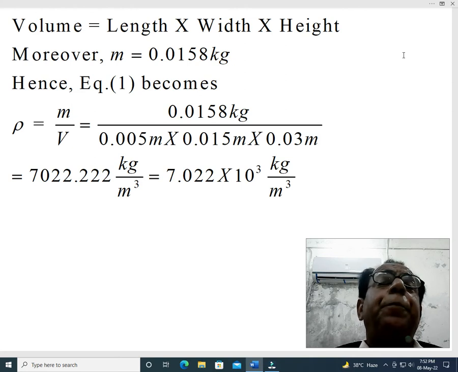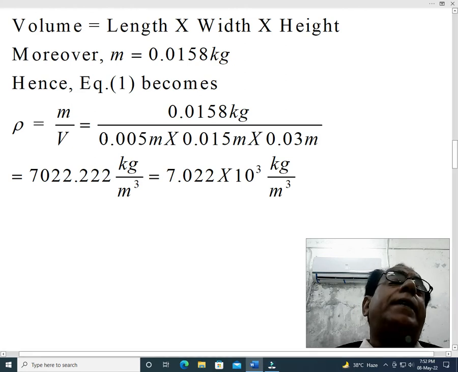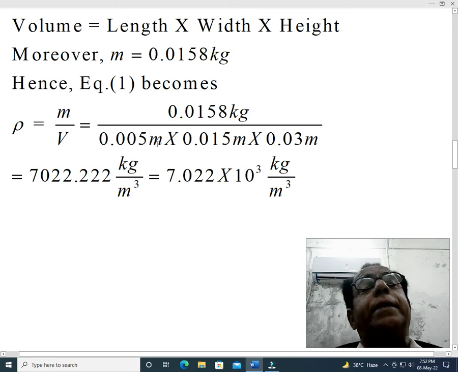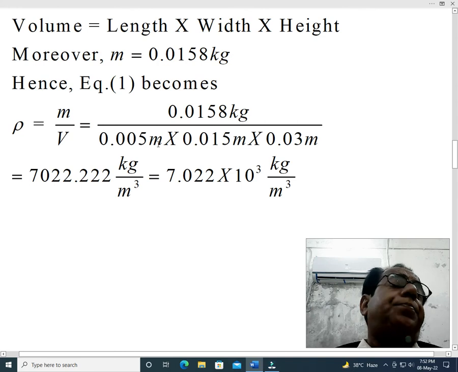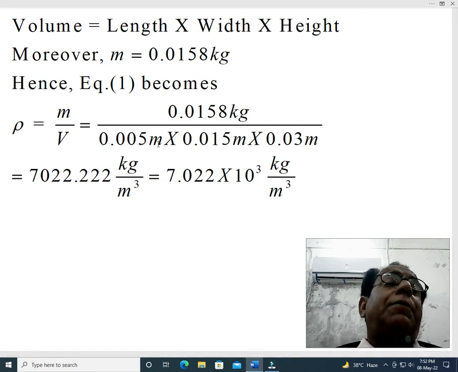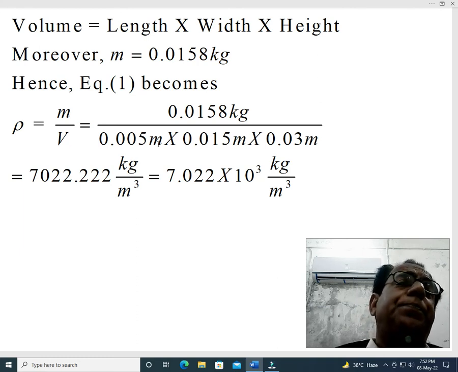What we have done, dear students, actually all these three values have been provided in the statement in millimeter. But as you know, we are following MKS system, hence our primary concern is not with millimeter, rather with meter. So when we convert millimeter into meter, we divide by 1000.